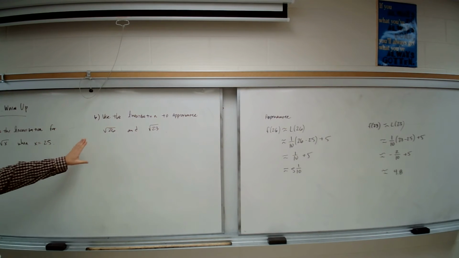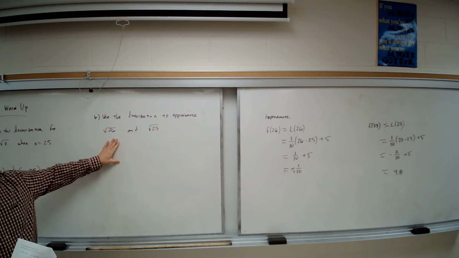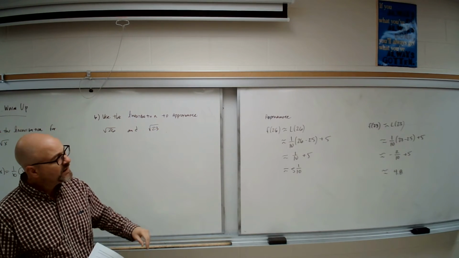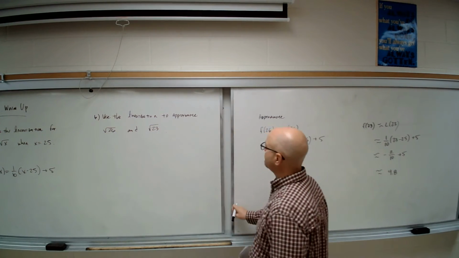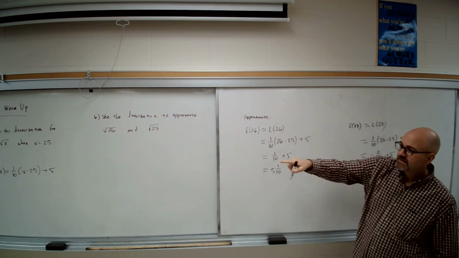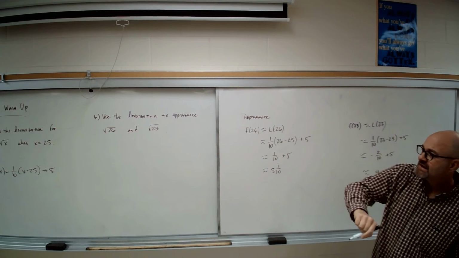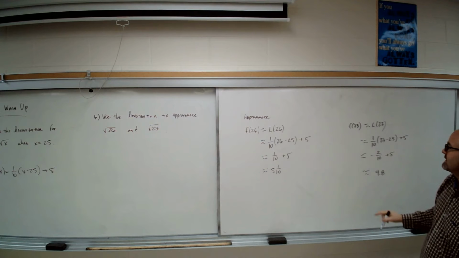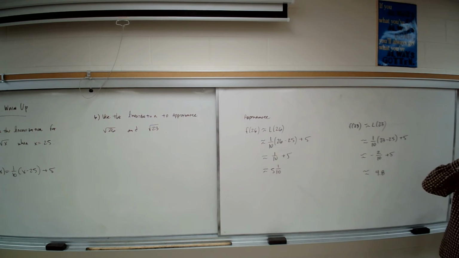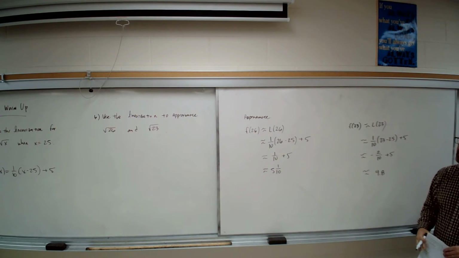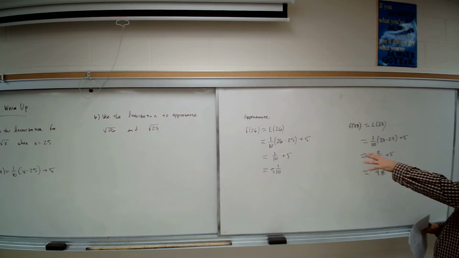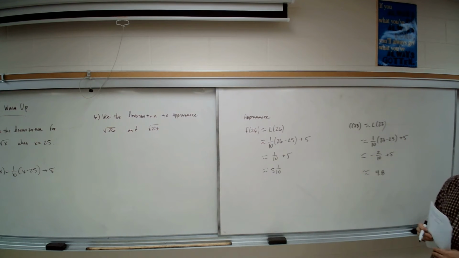And we used that to approximate the square root of 26 and the square root of 23. Here's where I put 26 into that linearization equation. You got 5 and 1/10. Here's where we put 23 into the linearization equation and got 4.8, or 4 8/10, or 4 4/5, however you want to say that. So let's compare these two answers to what we would have gotten using differentials.